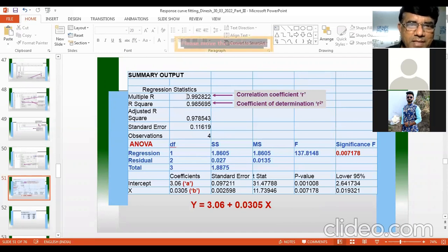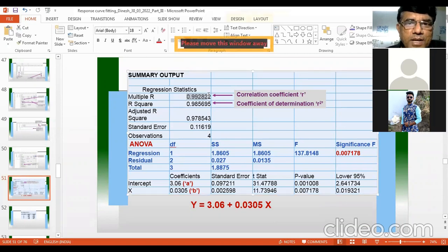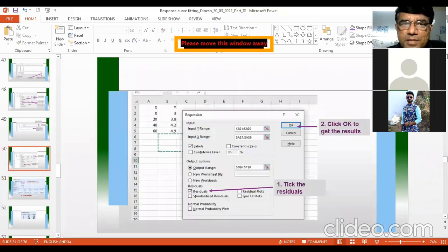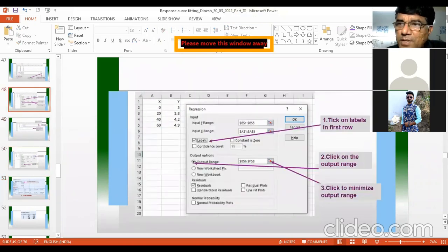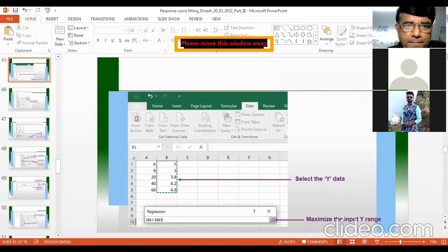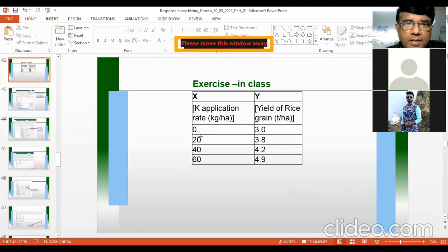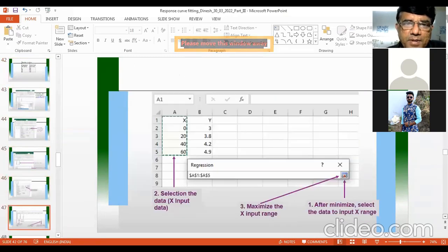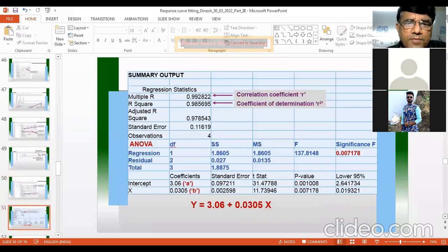First of all, you will see that Excel gives you multiple R. This is actually the correlation coefficient between the two variables you have taken, X and Y. Here it is 0.992.